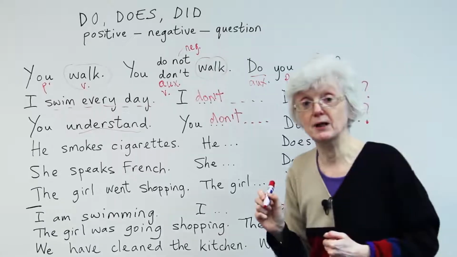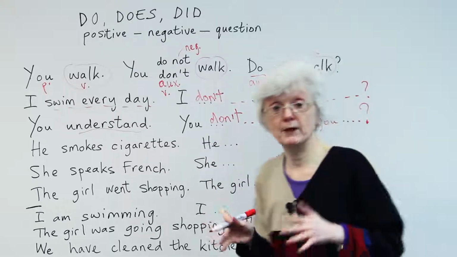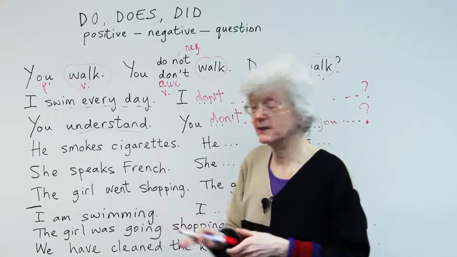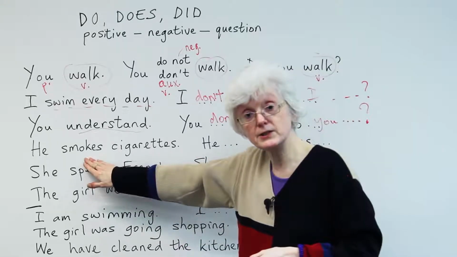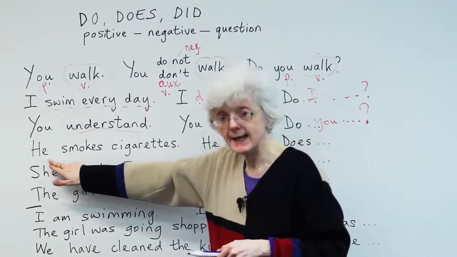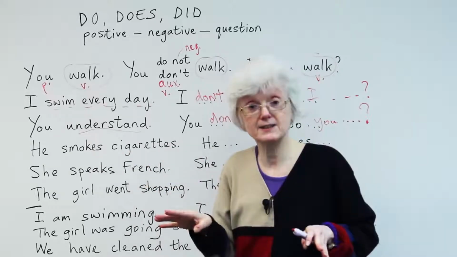Always remember the question mark. Right, okay, so I hope that's clear so far. Now, let's try this one. This is still present tense, simple present tense. Okay. He smokes cigarettes, very bad habit.